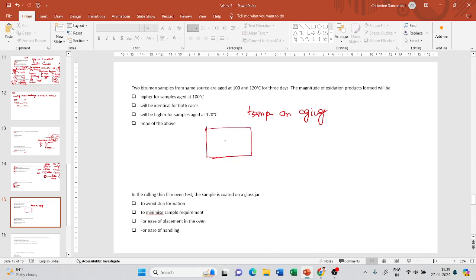We saw that the colloidal model has an asphaltene core surrounded by lighter molecular weight fractions. With increase in distance, the molecular weight decreases, right?